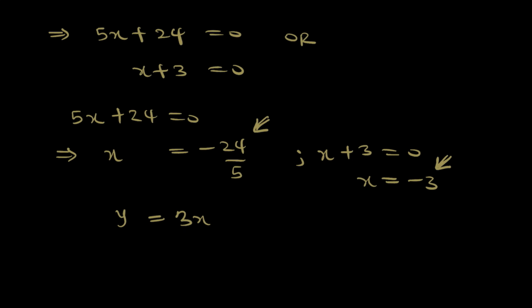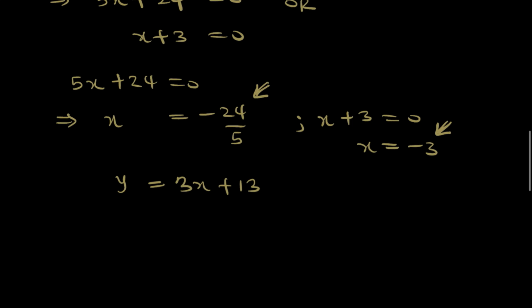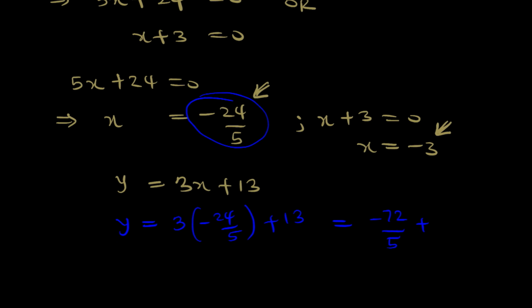So y is 3x plus 13. So when x is this value, I'm going to say y is equal to 3 into negative 24 over 5 plus 13, which can also be opened as negative 72 over 5 plus 13.